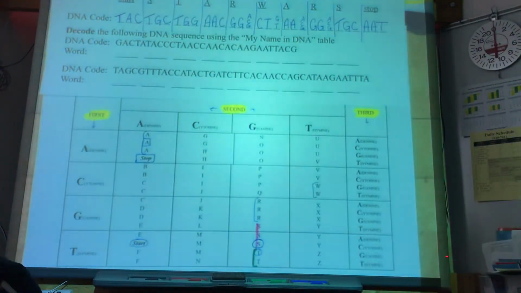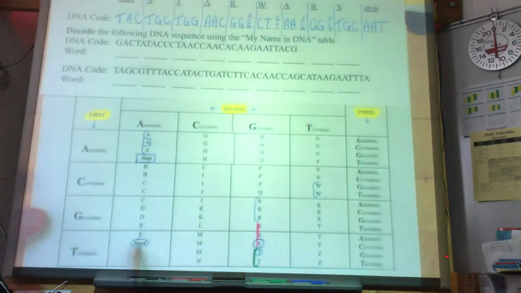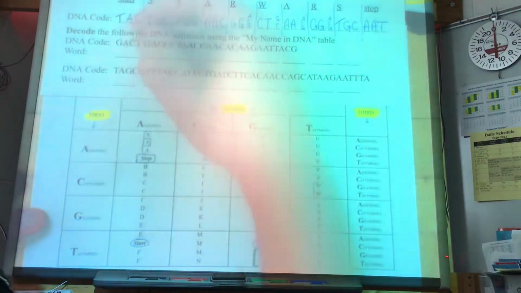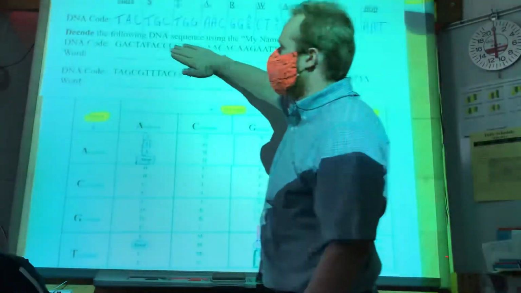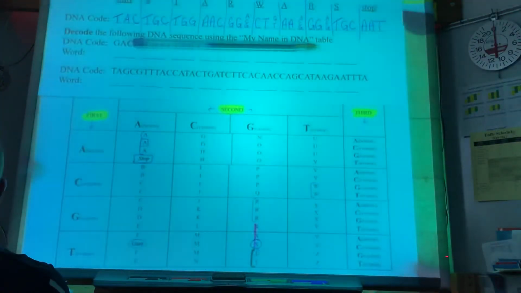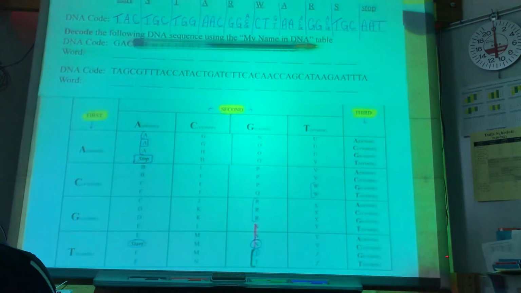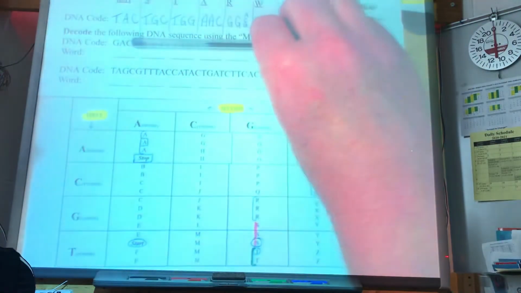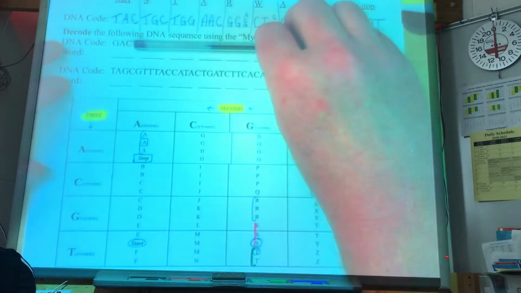And what's our start codon? TAC. We need to have a three-letter combination of TAC. Are the first three letters in this row TAC? No. GAC, that is not a TAC. That does not say start spelling a word right now. So we only look at the first three letters. That is not a start codon.